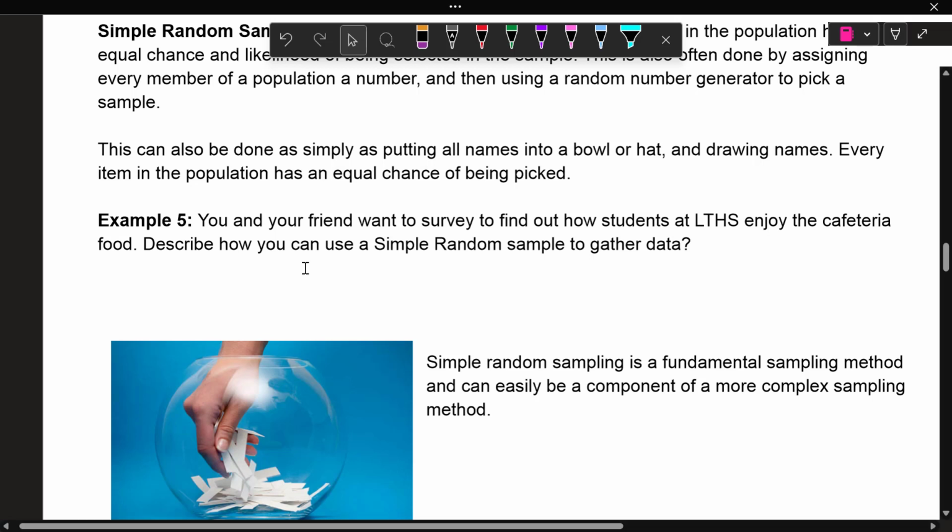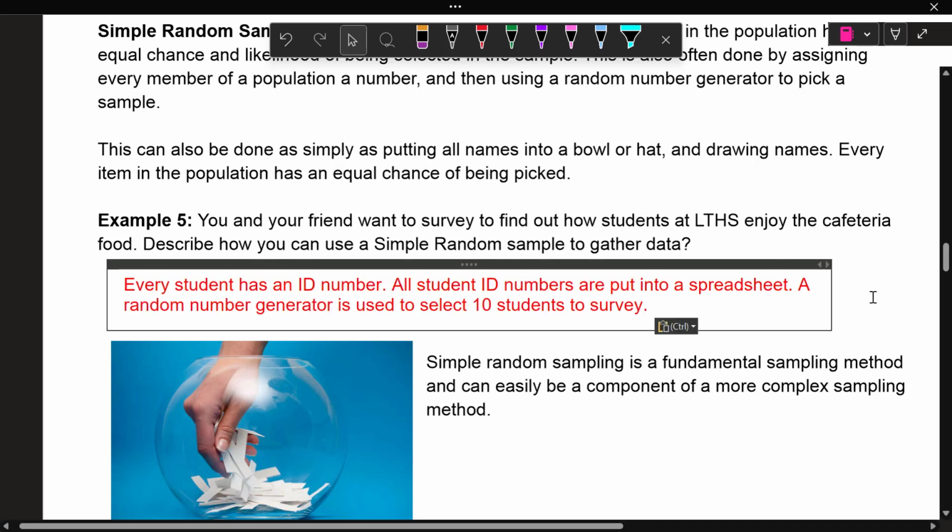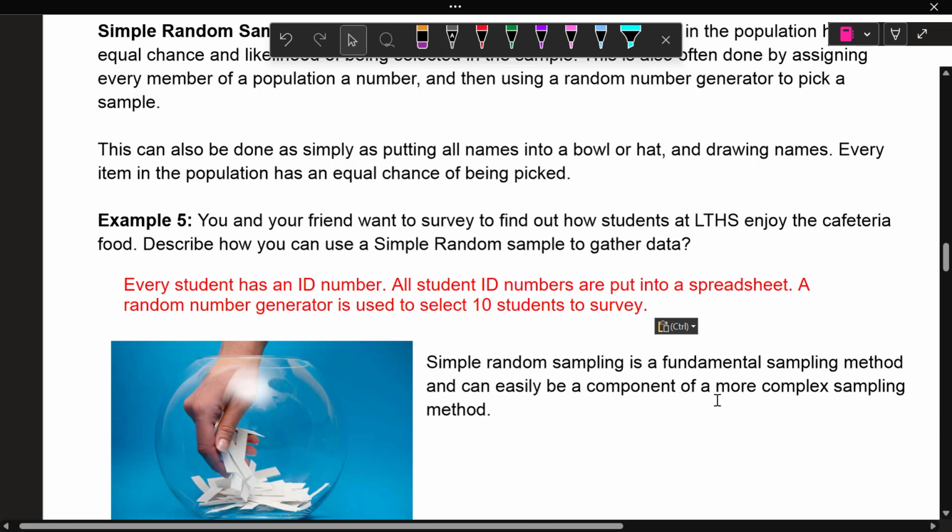Or every student has an ID number already. So all student ID numbers are put into a spreadsheet, a random number generator is used, and we select 10 students to survey. Everyone has the same opportunity of being picked, hence a simple random sample.